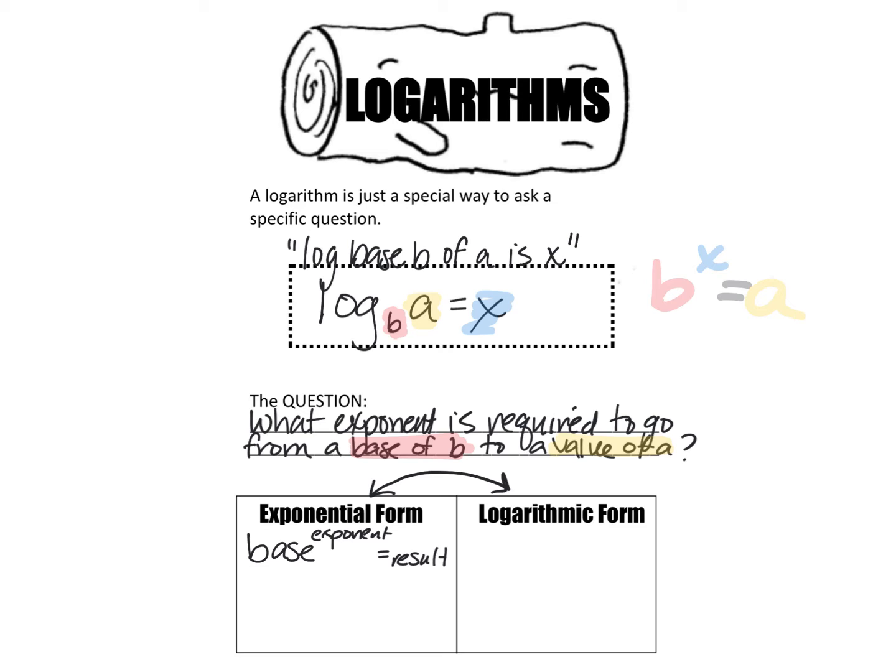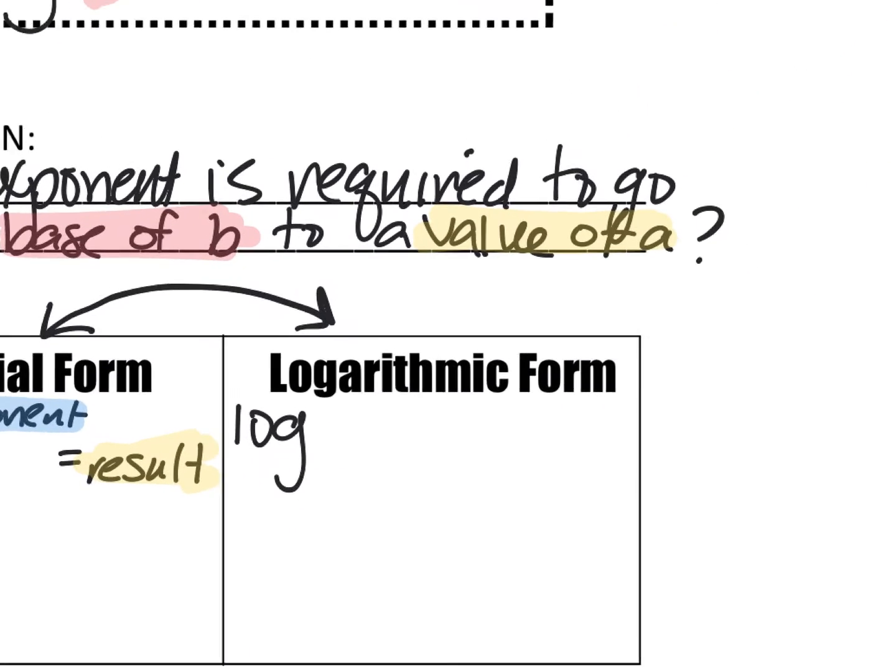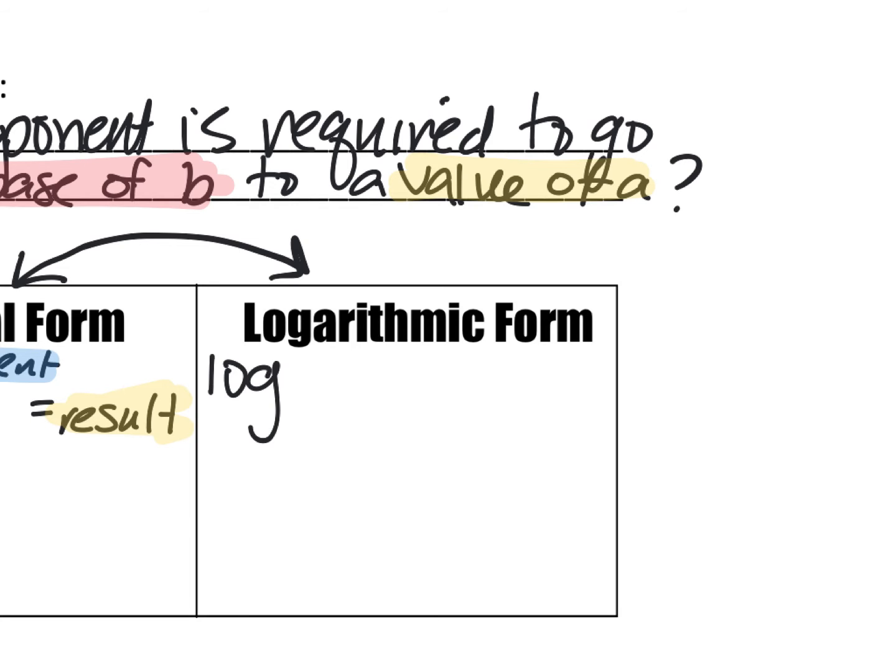So notice here that our base would be b, our exponent would be x, and our result would be a. And then if we convert this to logarithmic form, we have to include the logarithmic notation, which is log, the base is a little subscript. Then we have the result here, and then the exponent here, even though it doesn't look like an exponent anymore.